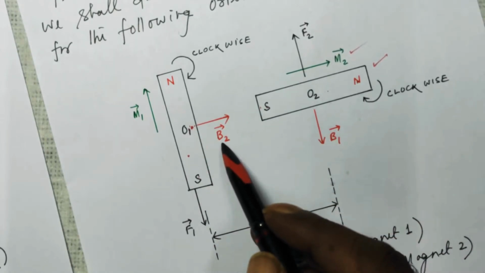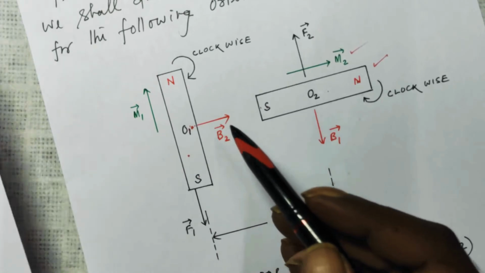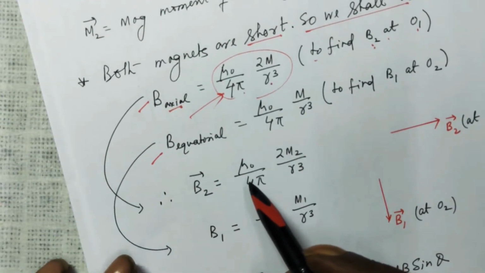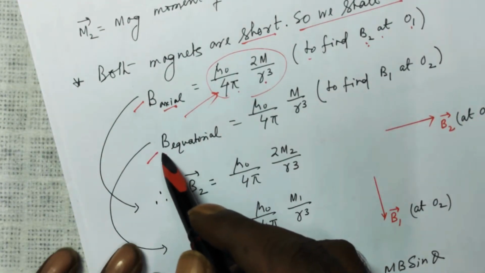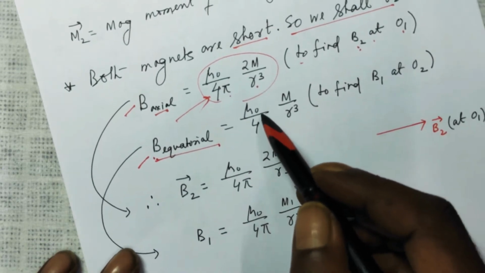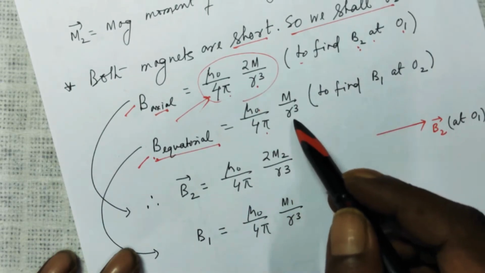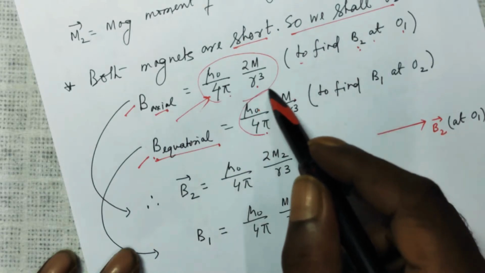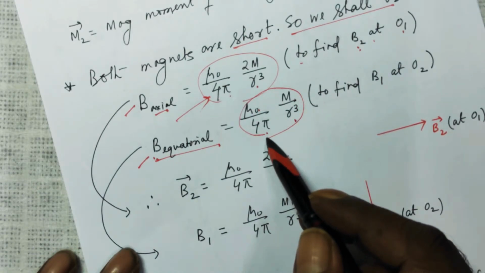Now, we had derived in previous lessons the magnetic field on the equatorial line for a short bar magnet, which was mu0 over 4 pi M over r cube. This was the magnetic field at a distance r from the center of the magnet on the equatorial line.